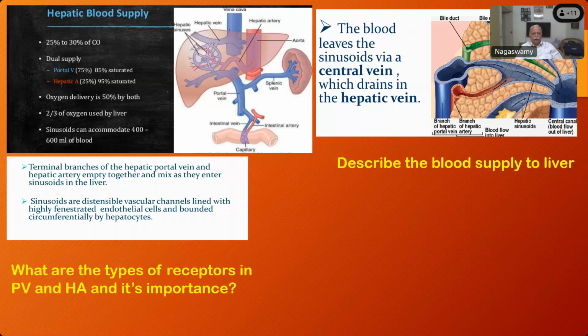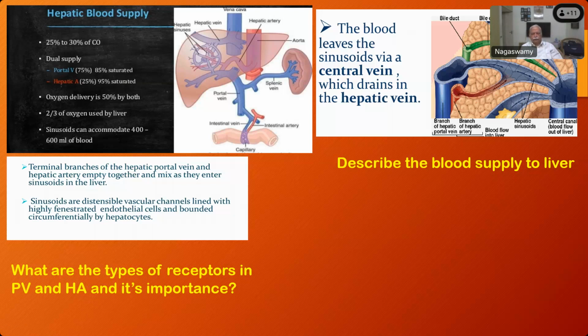Now, what are the types of receptors in the portal vein and hepatic artery, and what is their importance? Every vessel has some adrenergic or parasympathetic receptors, isn't it? Is there any clinical relevance for that?